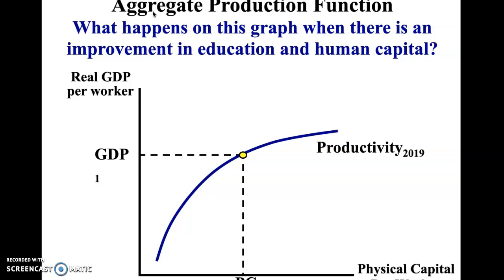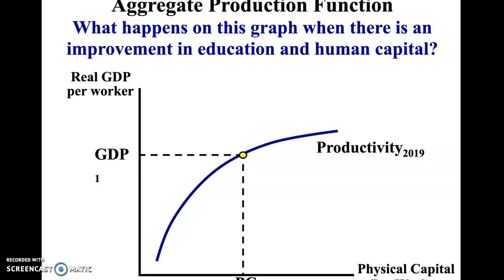What we find is that if we add more workers to fixed capital, we get the law of diminishing marginal returns, which essentially means that just because I add another worker, I might produce more, but eventually I'll add too many workers and I'll produce less marginally. And that's what you're seeing in the curve right there. The curve shows that you produce more, and then eventually you get a flattening of the curve.